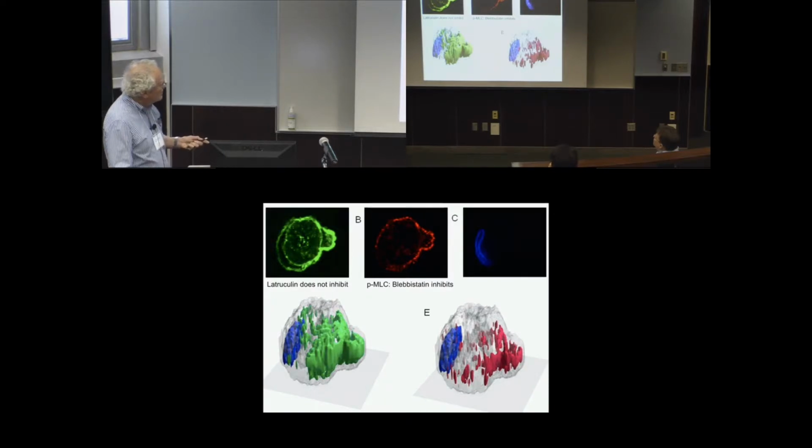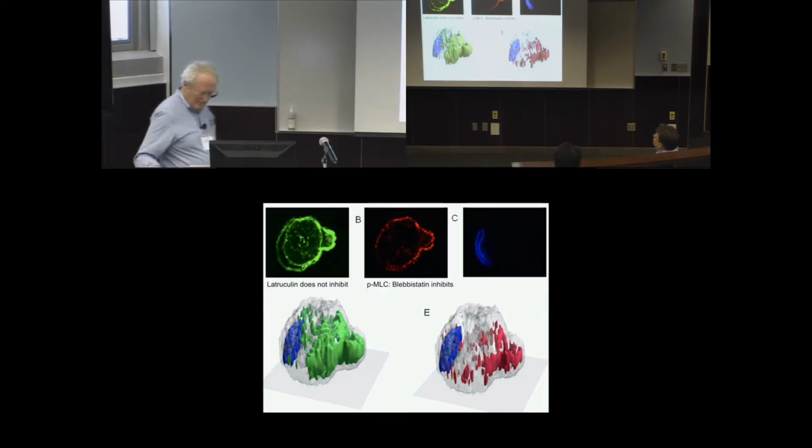And as we were talking about yesterday, you can see that, at least in fixed cells, when this side of the cell squeezes, the nucleus is pushed way to the other side and highly distorted. And we have three-dimensional renditions of the phalloidin stain and the nuclear stain here, and the active myosin stain here, and the nuclear stain.